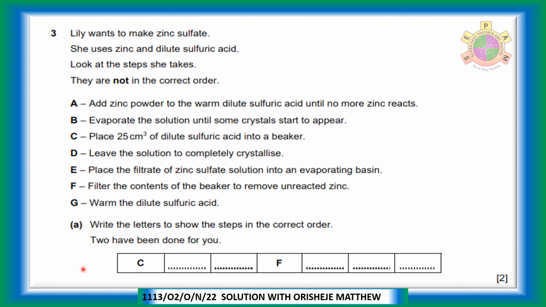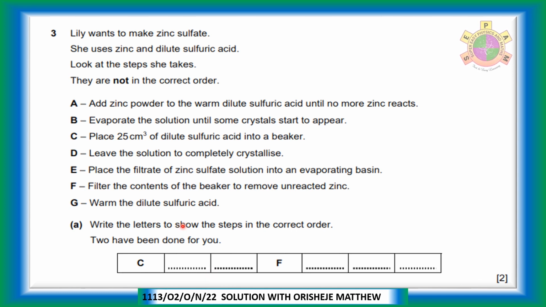So you have steps A to G. Write the letters to show the steps in the correct order. 2 have been done for you. So step C and step F have been placed in order. So we have to fill in the 5 missing steps.